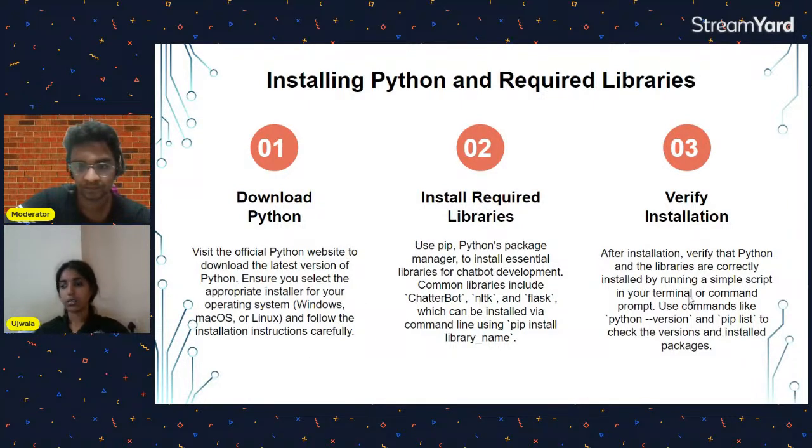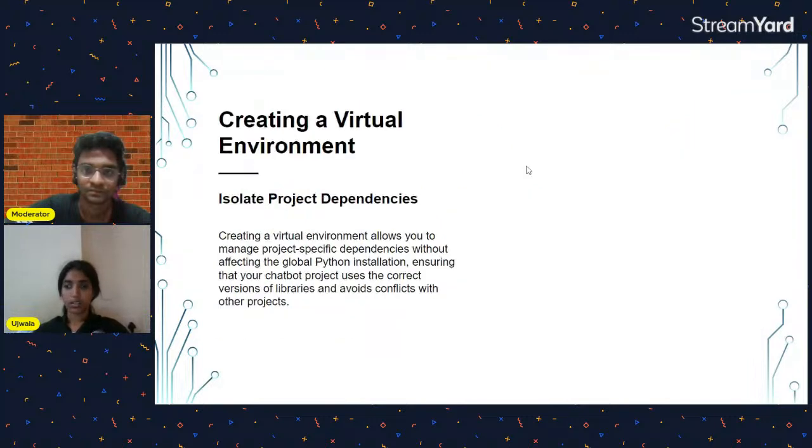After this, you need to verify your installation. If you're running this on VS Code, just run pip install -r requirements.txt. Depending on the kind of dependencies that you use, write them in your requirements.txt and run the file. So that's about the environment.